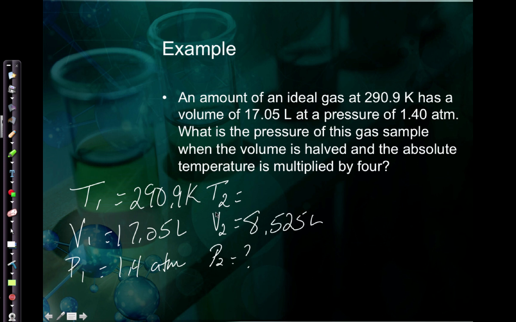The temperature, if it's multiplied by 4, would be this. So 290.9 multiplied by 4 gives me this. I know that I have variables changing, so I know it's going to be combined gas law.